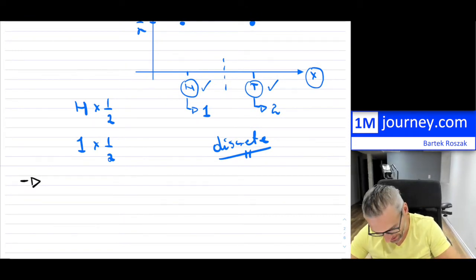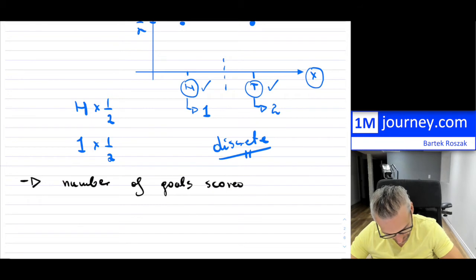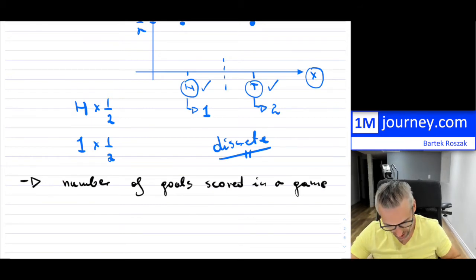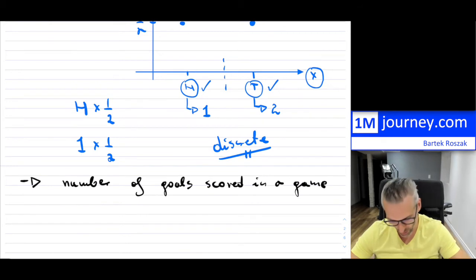Let's say you were trying to measure the number of goals scored in a game, maybe in a soccer game. Is this discrete or is this continuous? Well, the number of goals that are possible, you will either score 0 goals, 1, 2, 3, and so on.